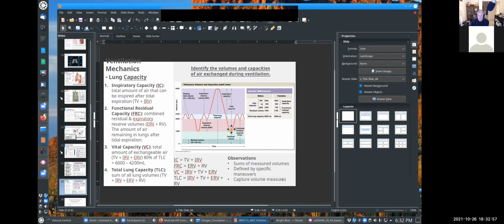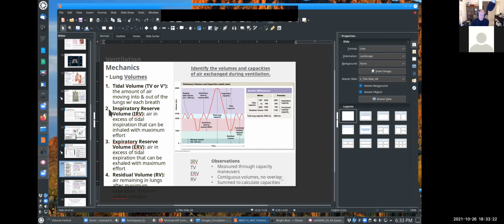That's pretty much all the air that you can move. And then total lung capacity: you never empty your lungs completely because you keep a little in there to keep the alveoli expanded. So spend a little time reviewing those, especially these volumes: tidal volume, inspiratory reserve, that's taking a deep breath in, expiratory reserve, blowing everything out, residual volume, what's left.